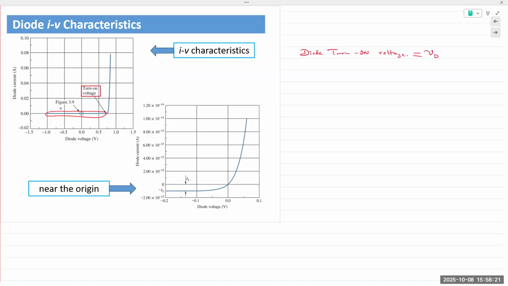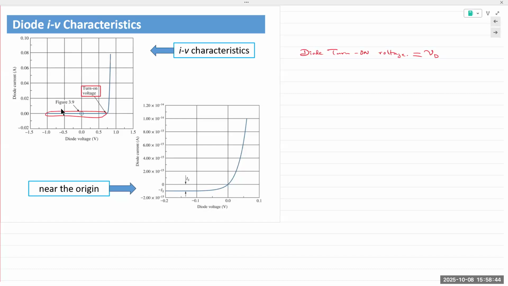Simply also just referred to as VD, diode voltage. Diode voltage and diode current. Once the diode turns on, current increases exponentially. And so there's a sharp increase in the current. And this is something we saw in the PSpice simulation in the lab.